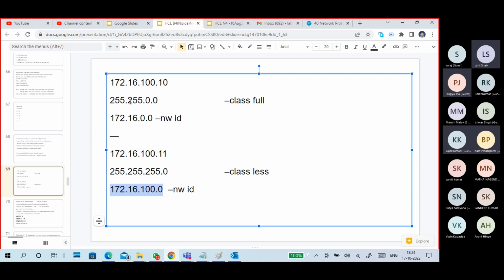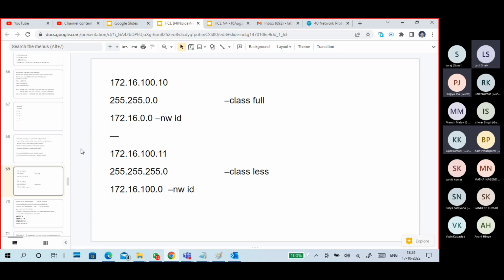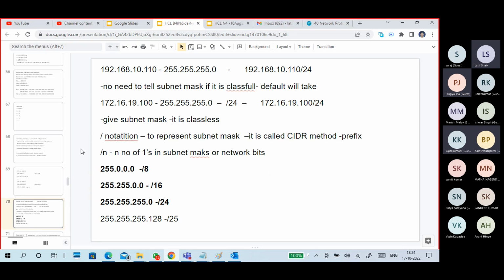So if you change the subnet mask, it is compulsory to specify it. You can write the subnet mask or represent it in slash notation also. Guys, if you don't tell what your subnet mask is, you have to assume it is the default subnet mask.